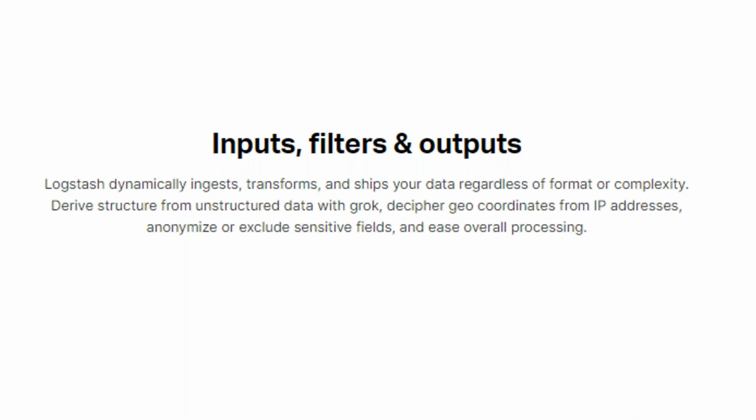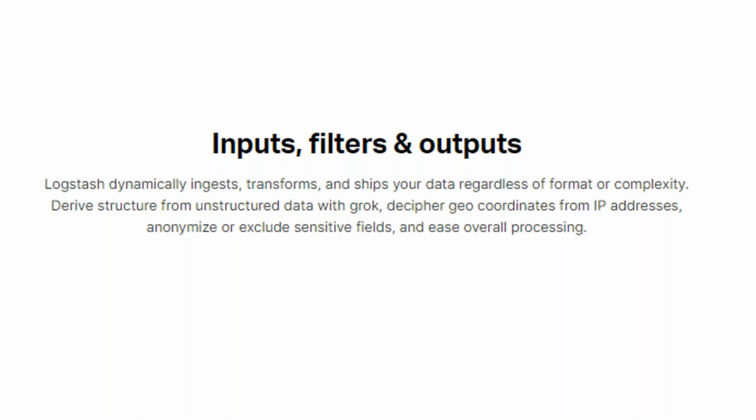Logstash dynamically ingests, transforms, and ships your data regardless of format or complexity. Derive structure from unstructured data with Grok, and decipher geo coordinates from IP addresses. So what is Grok? Grok is one of the most popular filters available in our domain.